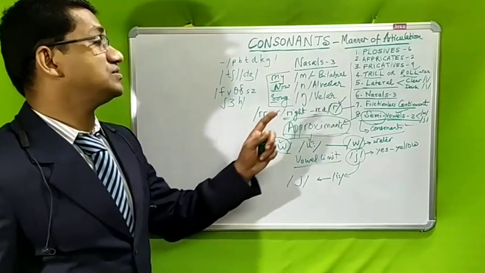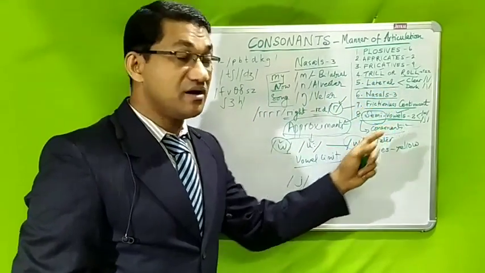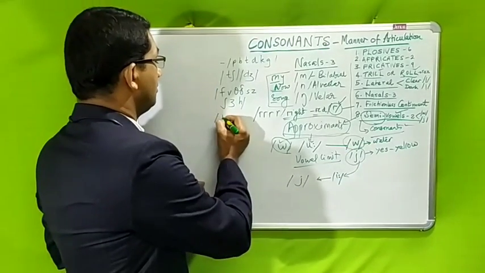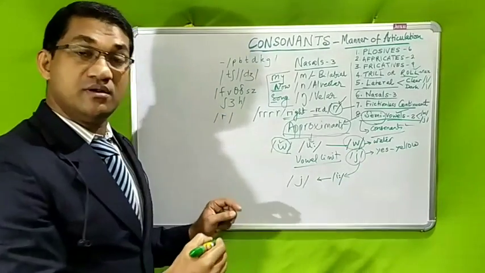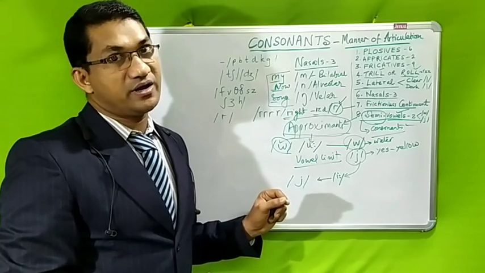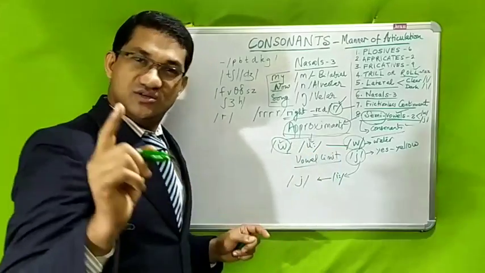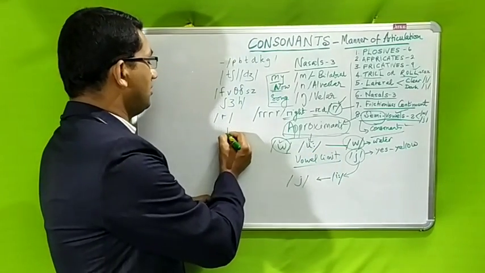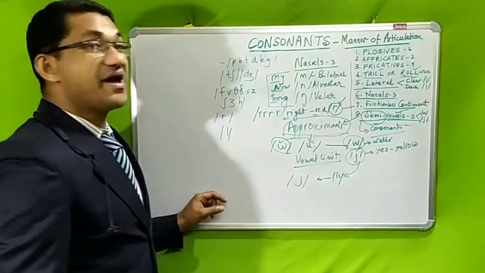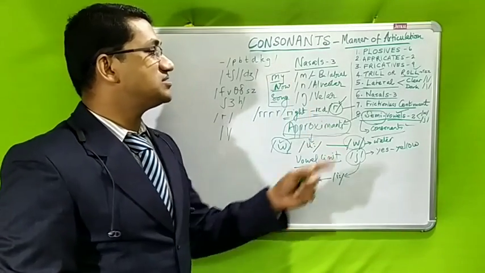9 fricative sounds, and we have trill or roll, just 1, and that is the sound r, as in river. And now we have the lateral sound, just 1, that is l, air escaping through the sides of the tongue. And now we have the nasals.